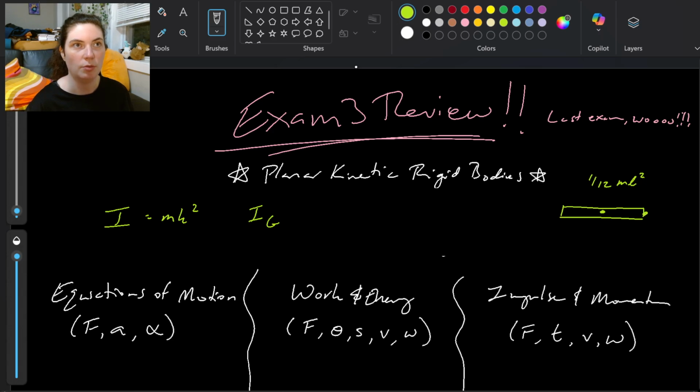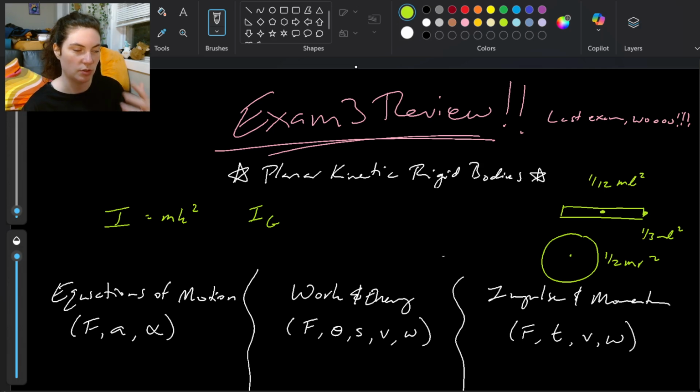If you have a slender rod rotating about its end, 1/3 ml squared. If you have a disc, that's another popular one that we like to use. That's 1/2 mr squared. So I would recommend maybe going through some of those common shapes that we use in our moment of inertia and just writing some of those down, making sure that you know those.